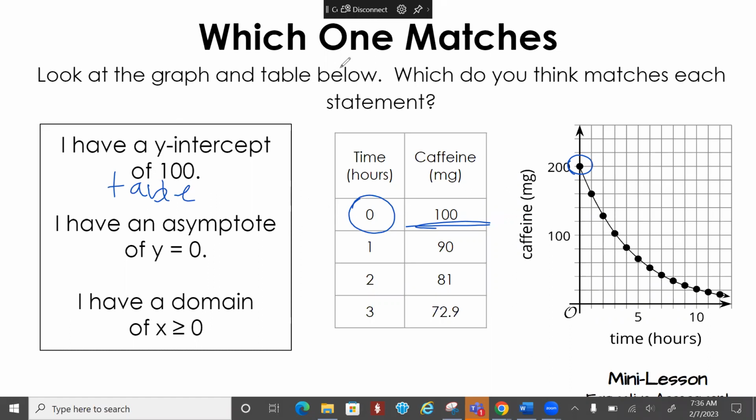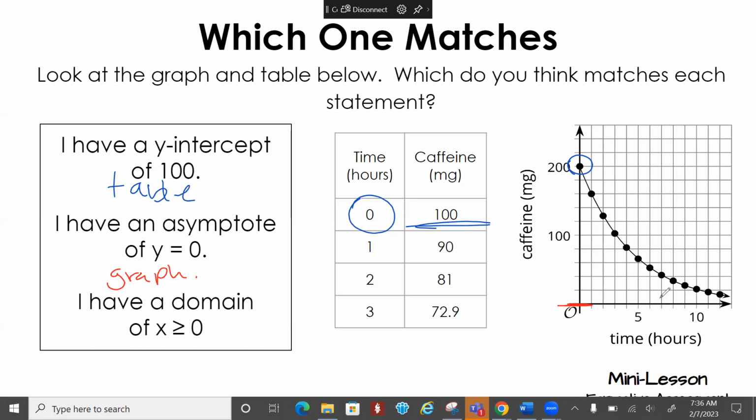Okay, on the next one, it says I have an asymptote at y equals 0. This is a little bit harder to see. As we get farther and farther to the right, where is this guy approaching? 0, right? So this guy is going to have a horizontal asymptote at y equals 0.